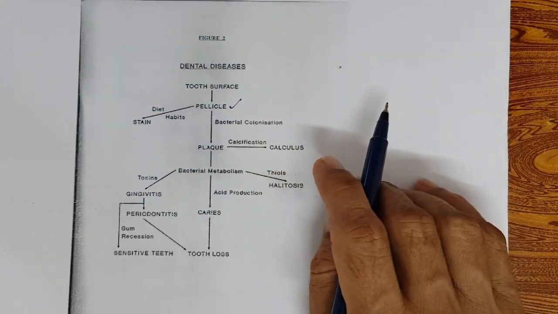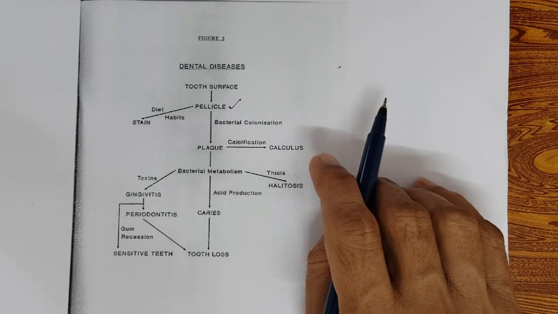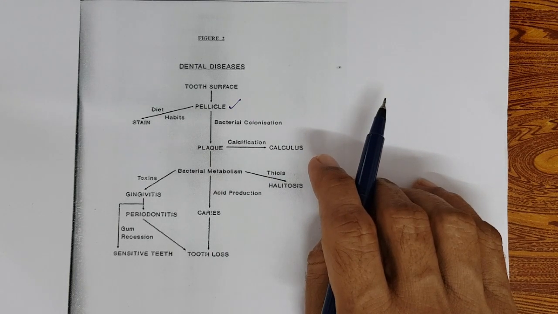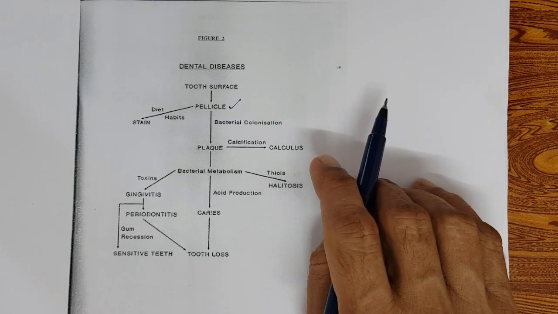What is pellicle? Pellicle is a protein film formed on the surface of the enamel by selective binding of glycoprotein from saliva that prevents continuous deposition of salivary calcium phosphate, right? It prevents the deposition of calcium phosphate.